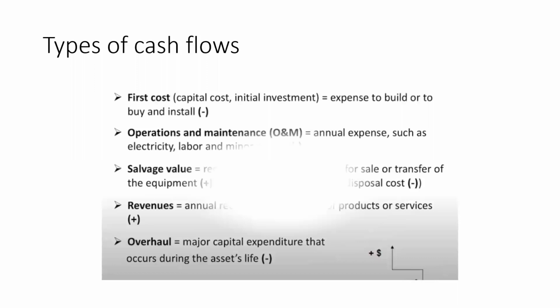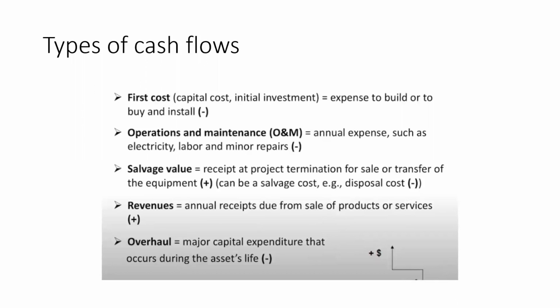So, types of cash flow. The first one is first cost. There is no way you want to start something without initiating some amount, without having your initial cost. Now, the initial cost here is known as your investment cost. Let's take for instance, I want to go into a business.